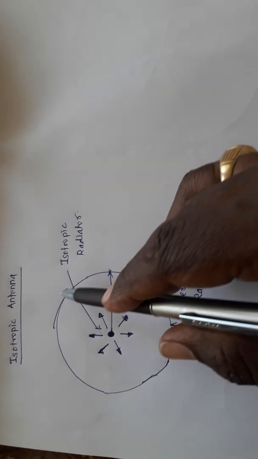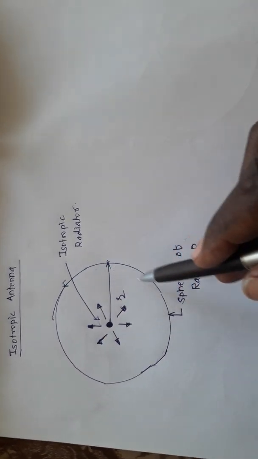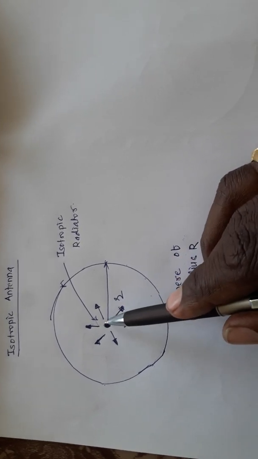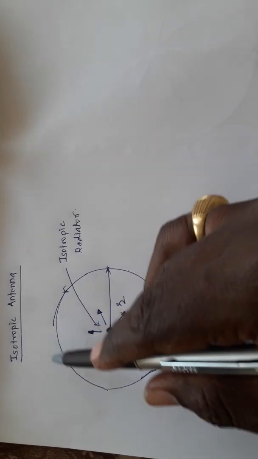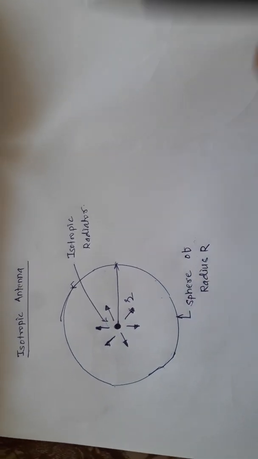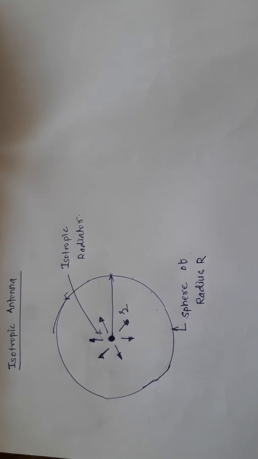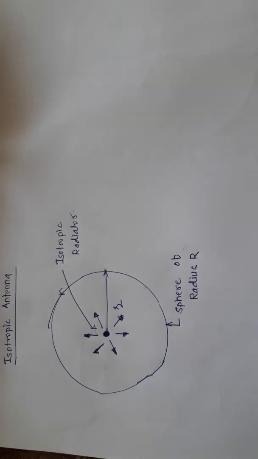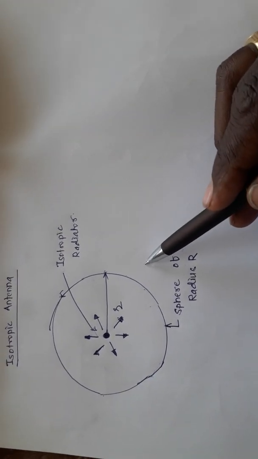So the power density measured at any point on this sphere, at distance r from its center, is the same. Electromagnetic waves spread uniformly in all directions in space. The radiation pattern of the radiator is as shown in this figure.